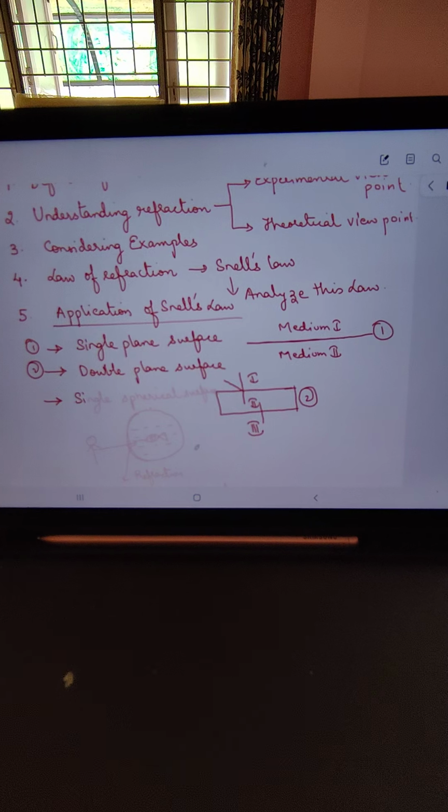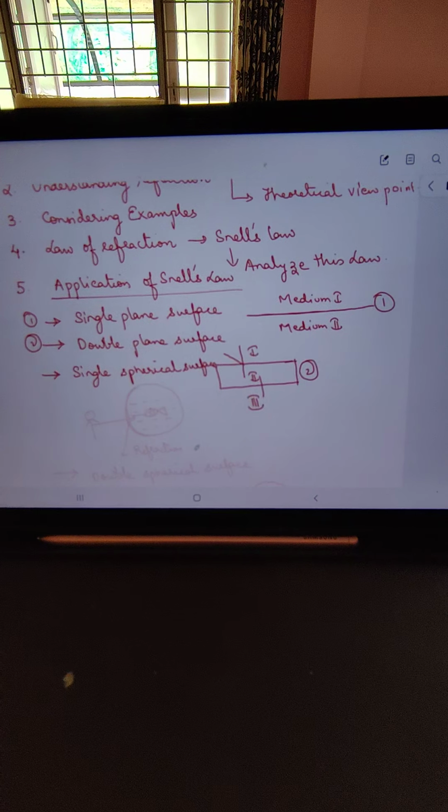single spherical surface. So, let us say you have a round beaker, there is water over here, and let's say there is a fish over here, right?